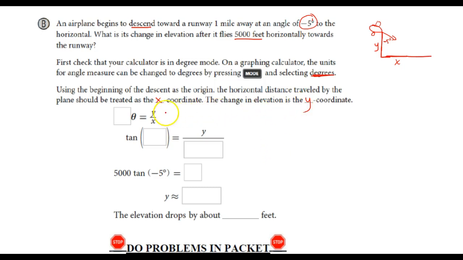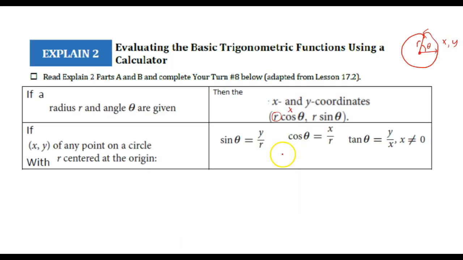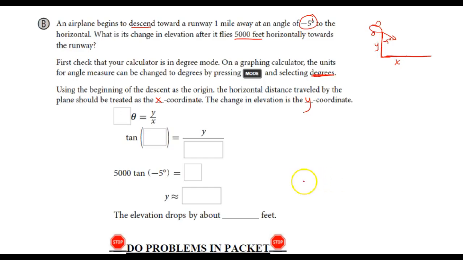Since those are the case, we're using our x and y coordinate. Remember, I'm just going to flash back to this, you thought it was useless, but it's not. Since they're using x and y, we'll use sine, cosine, or tangent. Tangent, right? And you can see here, they want us to fill that in with tangent.